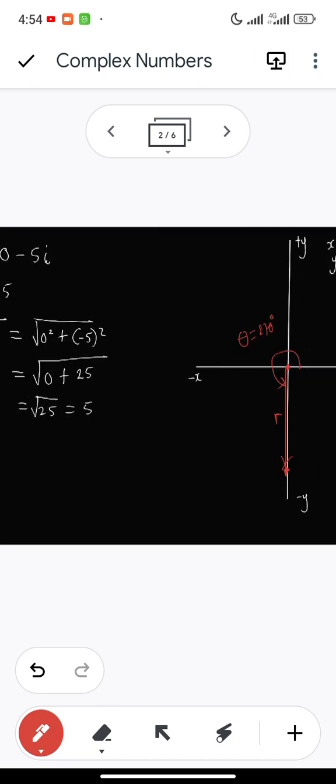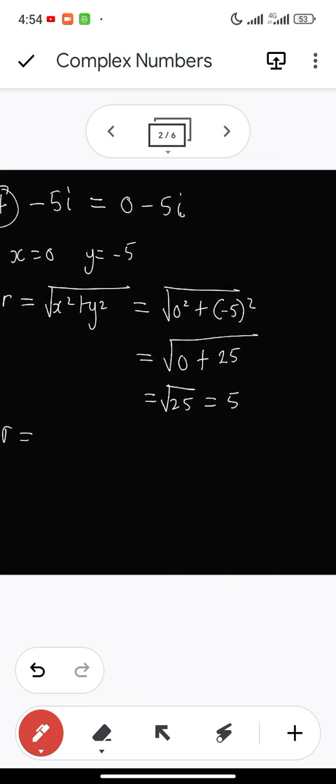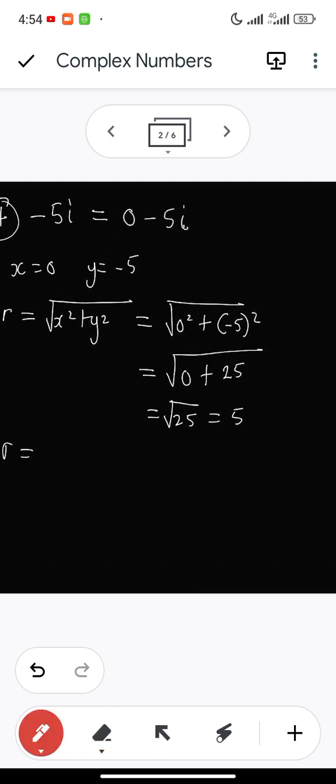So this doesn't need any application of SOHCAHTOA. So we already know that your r is 5 and your theta, your argument, is 270 degrees.